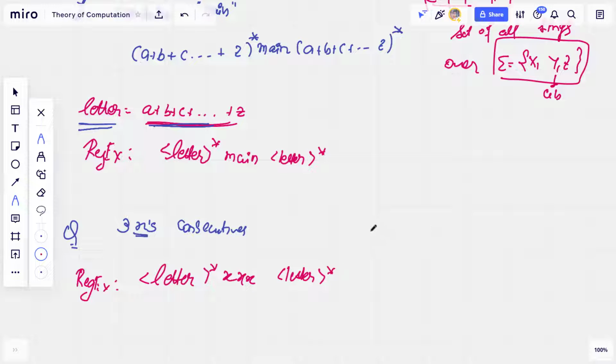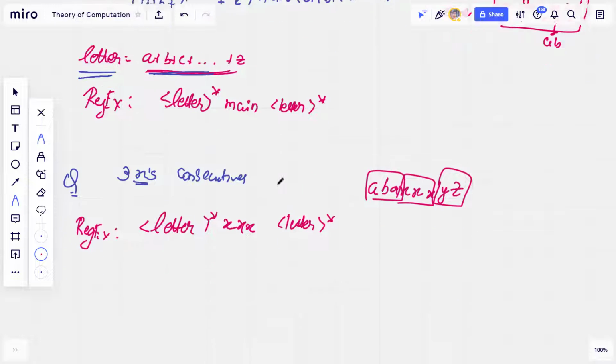For example, if I have a string a b x, x, x, and y, z. So this is the letter star in the beginning, and this is the letter star after it. Any number of letters before and after, and there is x, x, x.